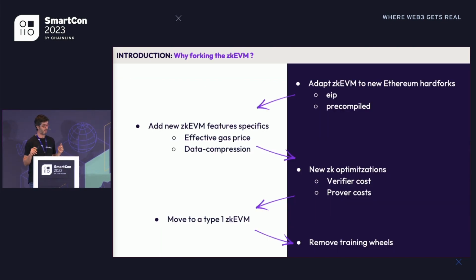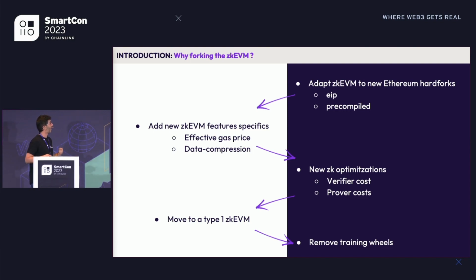Okay, and here is why fork the zkEVM. As I mentioned previously, in Ethereum they are proposing new opcodes for more gas efficiency, maybe new precompiled smart contracts, because of zkSNARKs, for example. In order to adapt to these new EVM opcodes, the zkEVM also needs to do a fork.